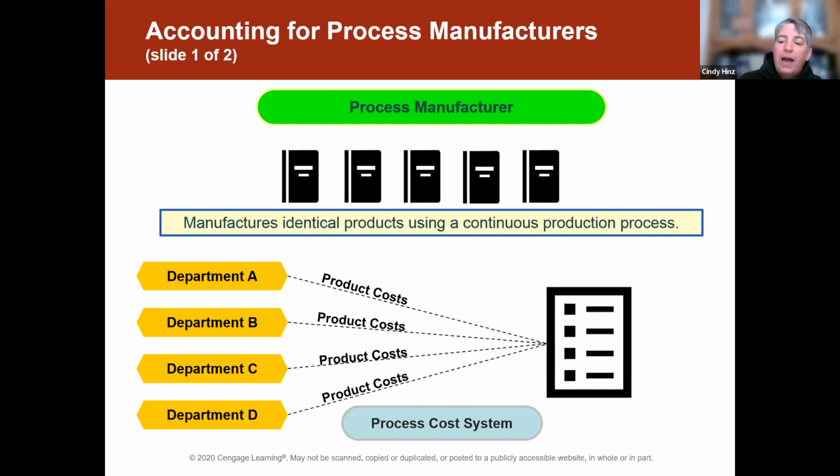So I had pointed out to you in chapter 15, as we introduced manufacturing and managerial accounting, that all manufacturers have 3 different types of inventory accounts. So we're very familiar with those at this point. We have materials, we have work in process, and we have finished goods. So we know that all manufacturers are going to have those. In chapter 16 for job order costing, we said a company that's using job order costing is going to have exactly 3, 1 of each type: materials, work in process, and finished goods.